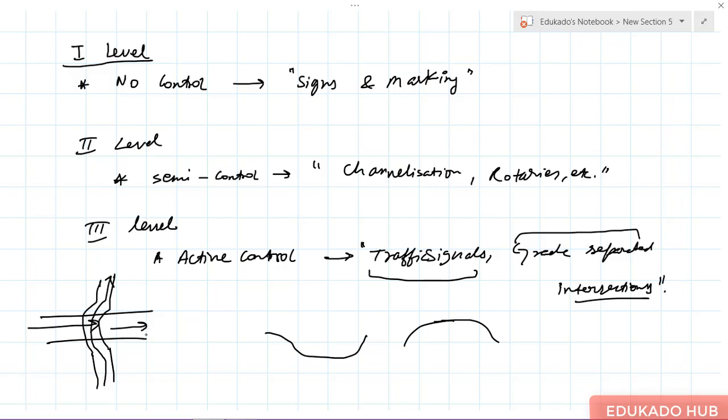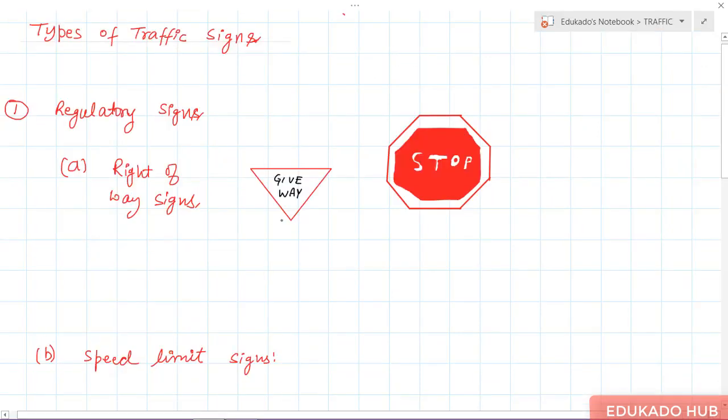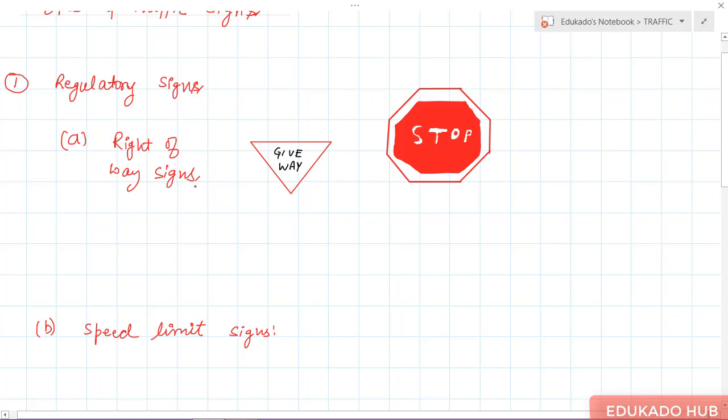And now let's understand what kind of signs we have. The types of traffic signs are divided into some parts. The first type is the regulatory sign. Under the regulatory sign I have the right of way signs. One of them is the give way sign, and very common is the stop sign.